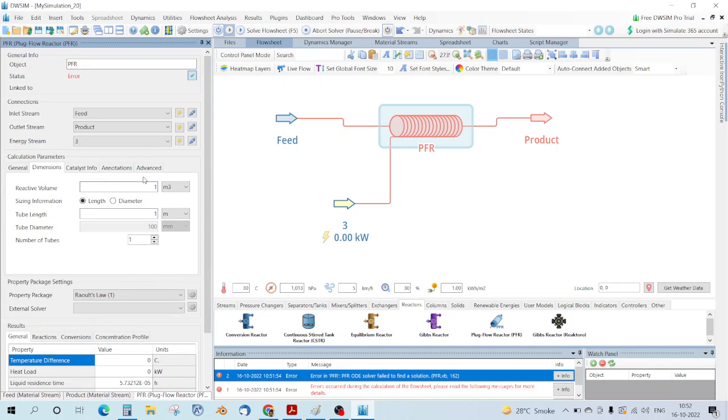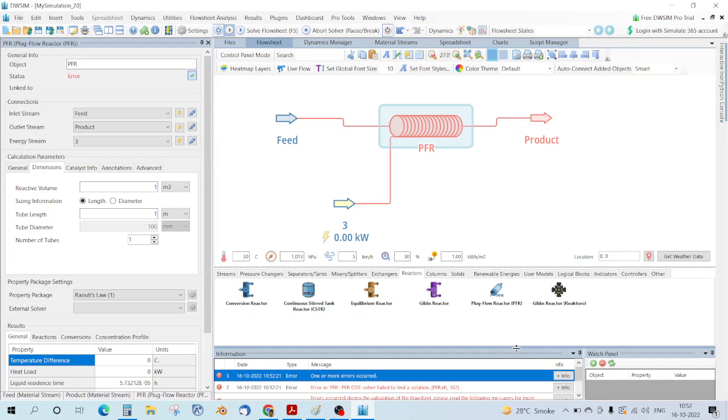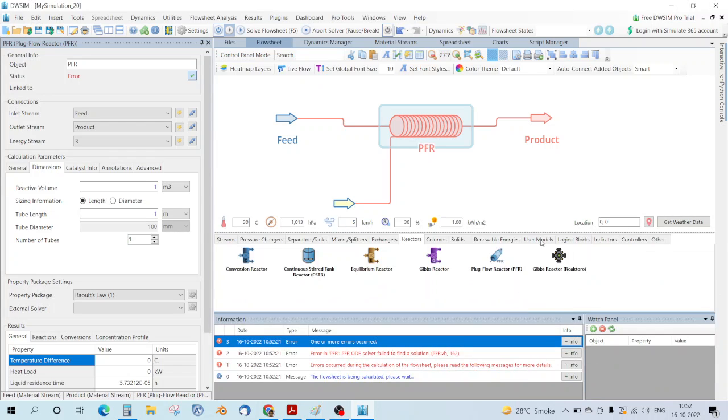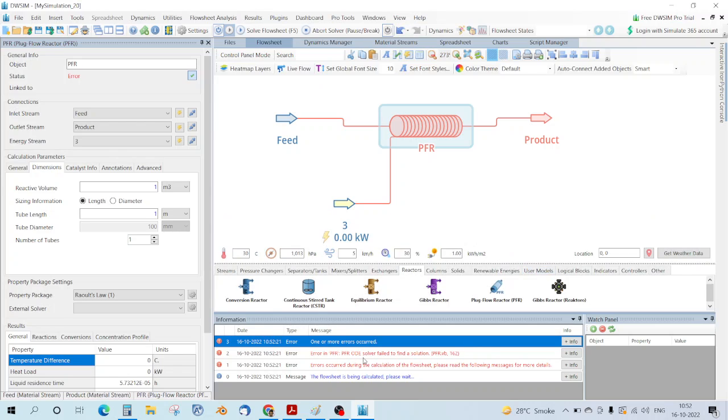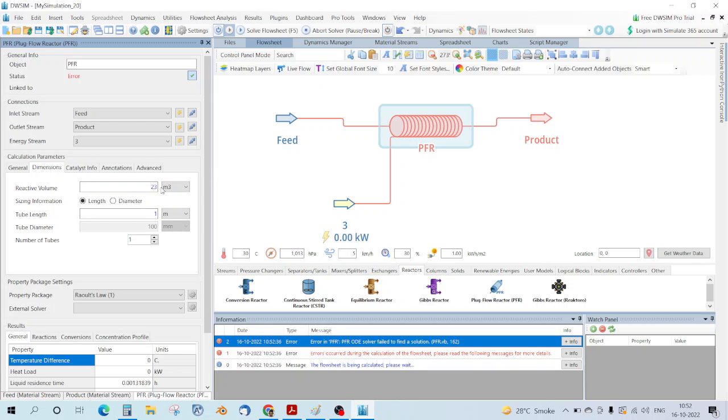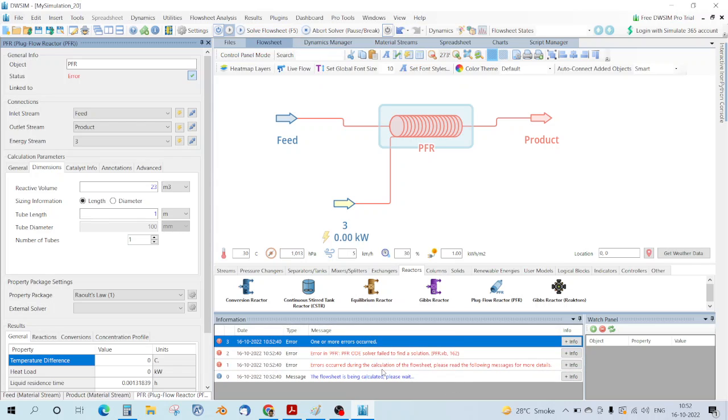Sometimes, let me just show you. So let's say I keep the volume as it is, and we run. So you can see here there is an error, that the ODE solver has failed. Now if I make it like 23, again it will say, sometimes it might say that the pressure drop is too high, or something.